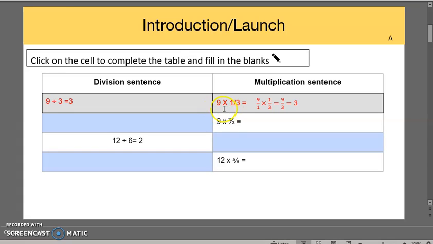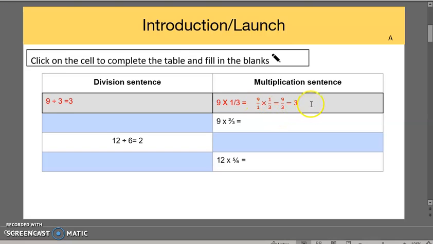And when you're multiplying over here, make sure you're setting it up correctly. Here's a nice model of how to do that. When you write 9, make sure you turn it into a fraction, 9 over 1, times 1/3.